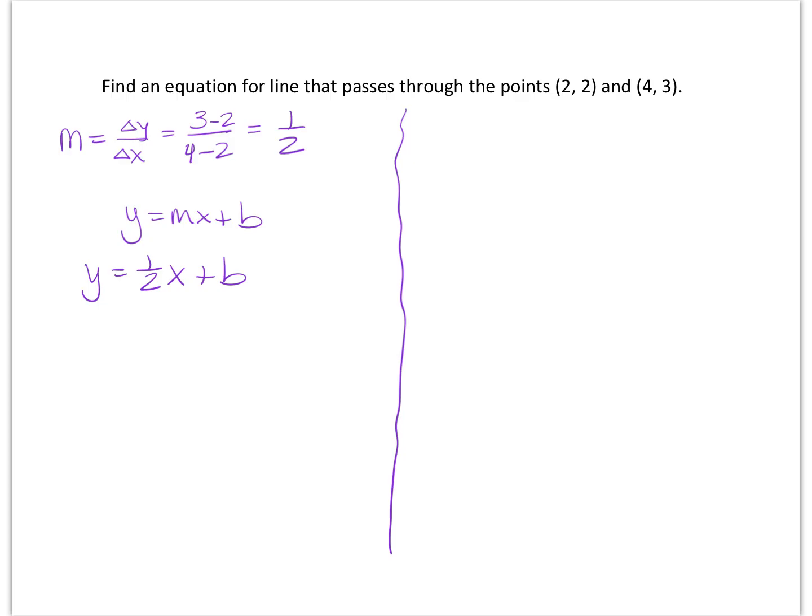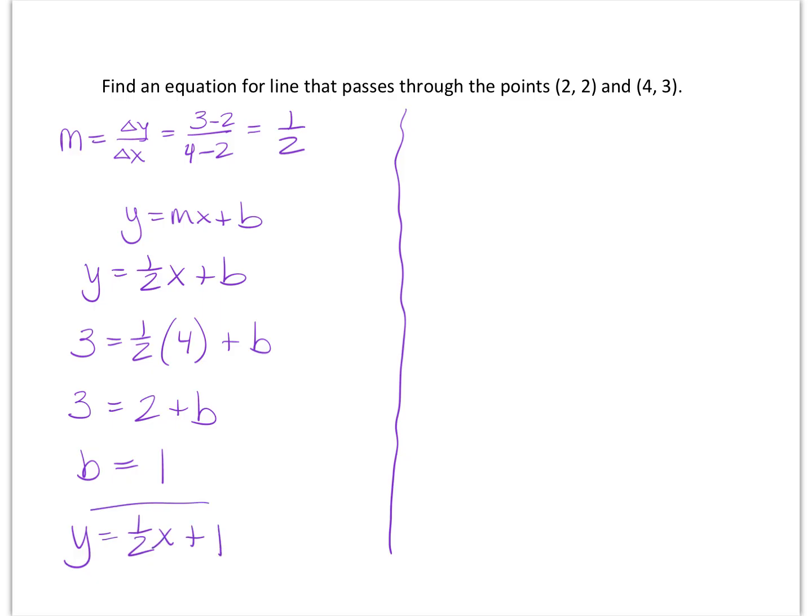To figure out the b, I can use either of the 2 points. You plug in the x coordinate for x and the y coordinate for y, and then solve for b. So we have 3 equals 1/2 times 4 plus b. So 3 equals 2 plus b, so b is 1. My final equation of the line is y equals 1/2 x plus 1.